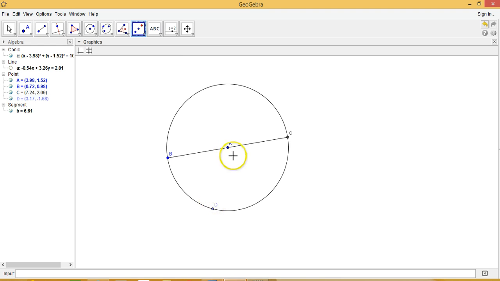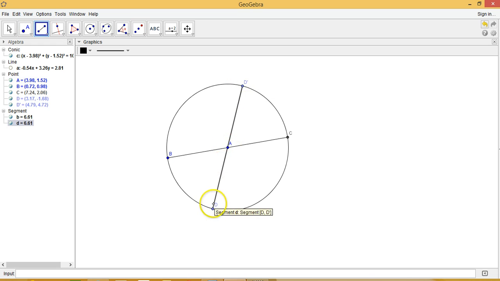Like we talked about on Monday, I believe. I'm making this before Monday; I hope we talk about it on Monday. If you use the reflect about a point tool, I'm going to click on D, and then click on A, and it just reflects that point through A. It makes the same distance on the opposite side of A. So we just reflected D over A, and that creates the point we needed too. So anyways, we got two diameters.